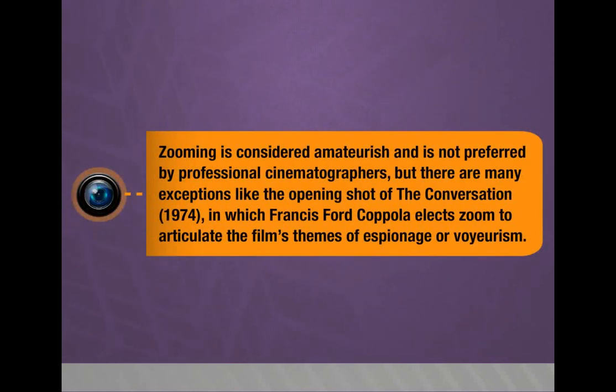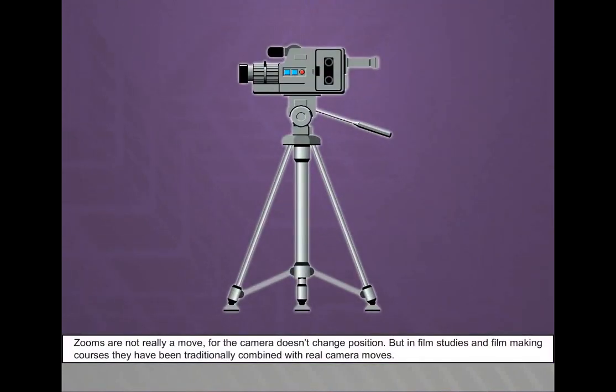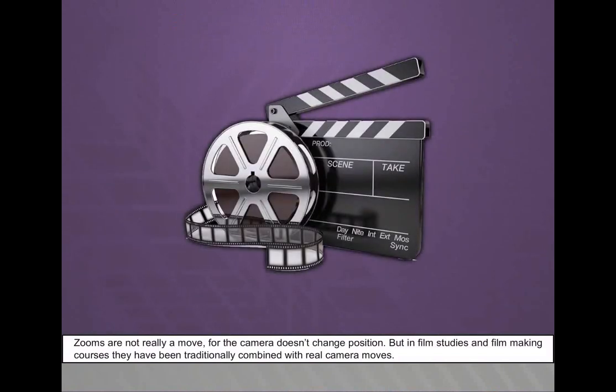Zooming is considered amateurish and is not preferred by professional cinematographers, but there are many exceptions like the opening shot of The Conversation, 1974, in which Francis Ford Coppola elects zoom to articulate the film's themes of espionage or voyeurism. Zooms are not really a move, for the camera doesn't change position. But in film studies and filmmaking courses, they have been traditionally combined with real camera moves.